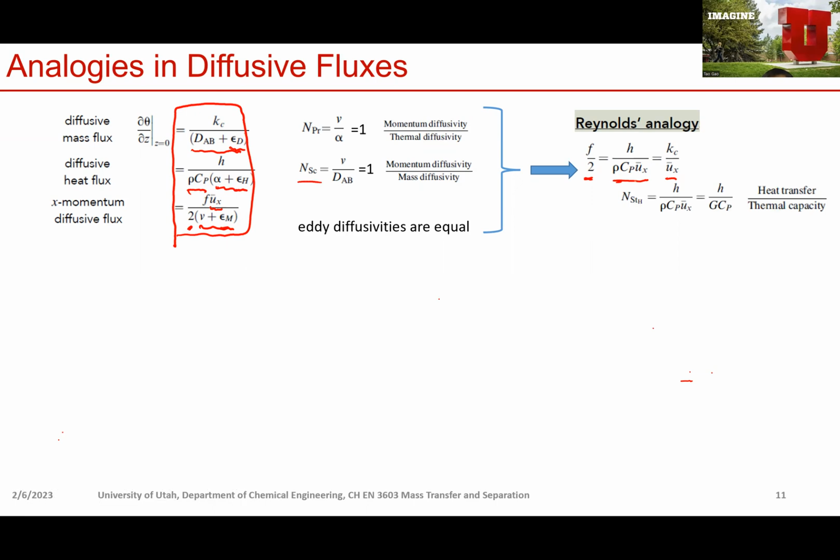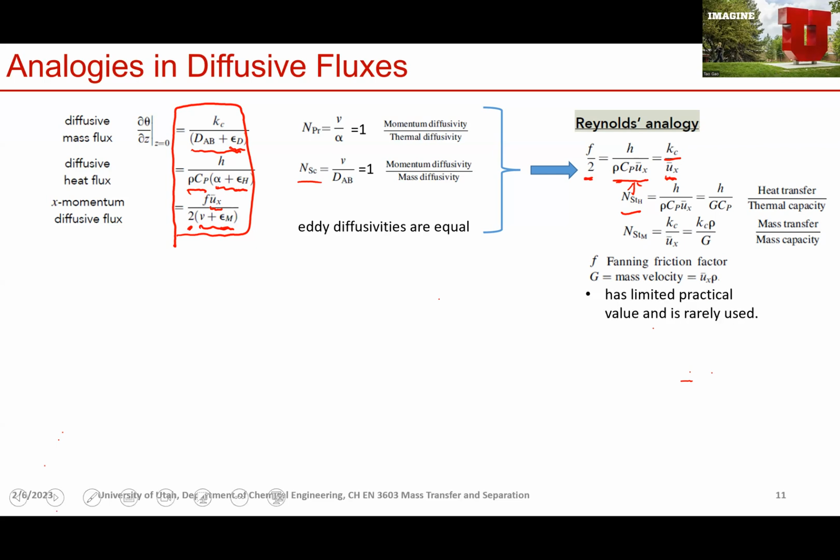So this is the heat transfer Schmidt number, and this is the mass transfer Schmidt number. In this case, as long as you know the Fanning frictional factor, then you will be able to compute the mass transfer coefficient. If you know f, and if you know Ux, you can compute Kc. Then you can use Kc to compute your mass transfer flux.